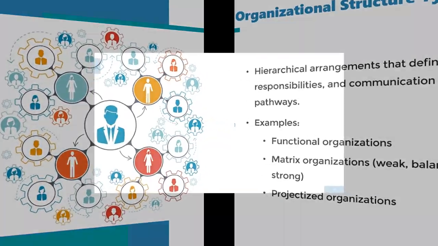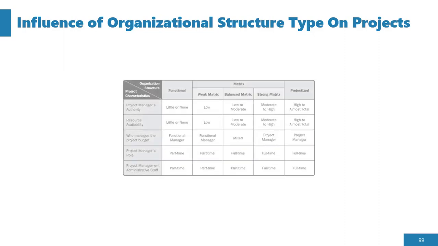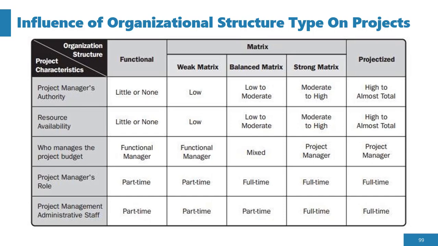Moving on, let's see how organizational structure type influences our projects in a tabular form. You can see this table outlined. Up here you have the different organizational structure types. This one is the functional, and then you have the matrix.